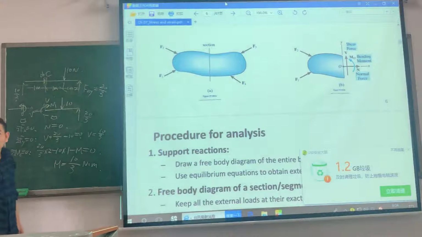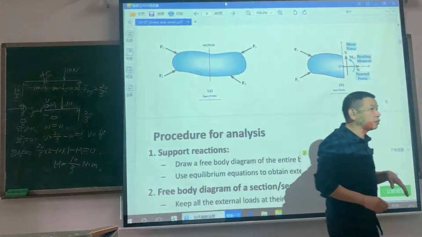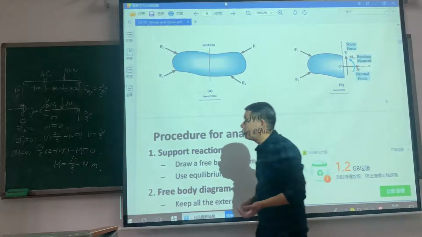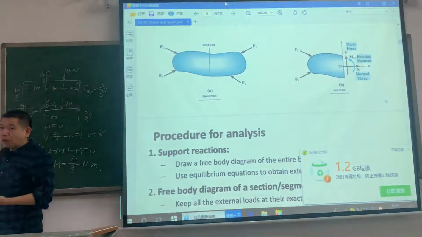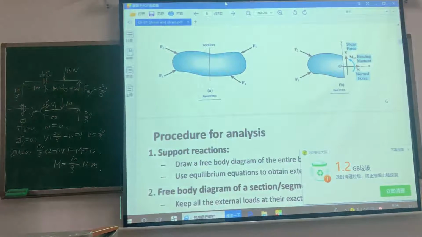We determine the sign of the moment, positive or negative, by the deformation.